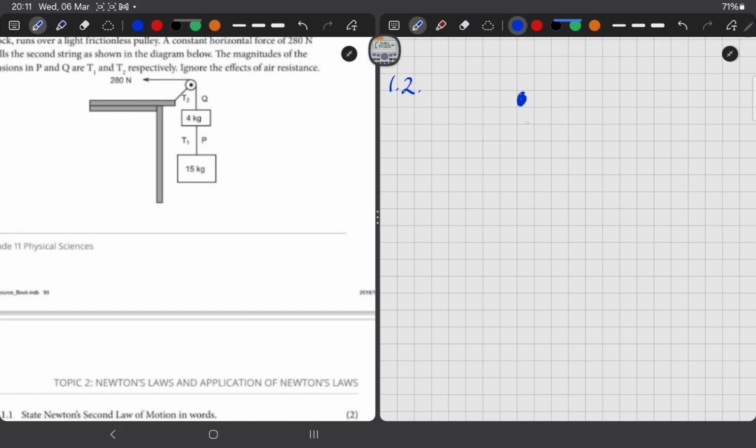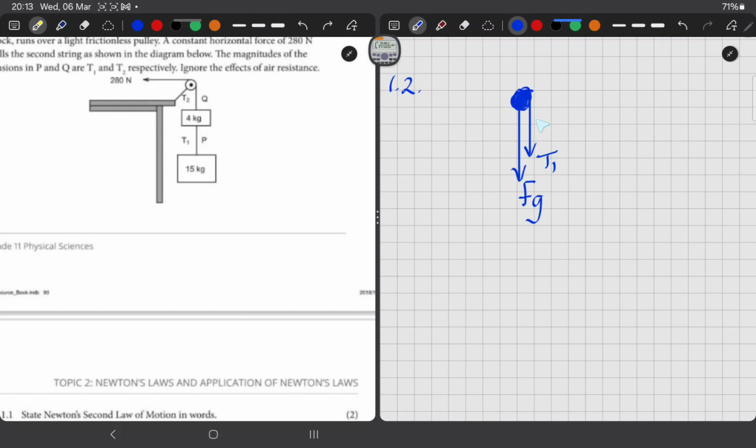So clearly we would have the FG going downwards. We also have a tension going downwards there. The tension on the 4 kg, which is here at P, we call tension 1.